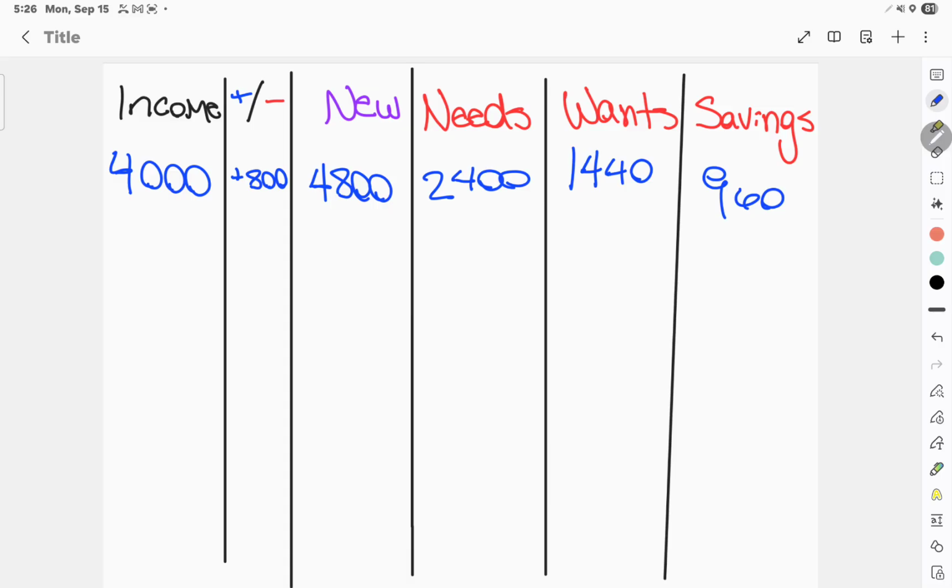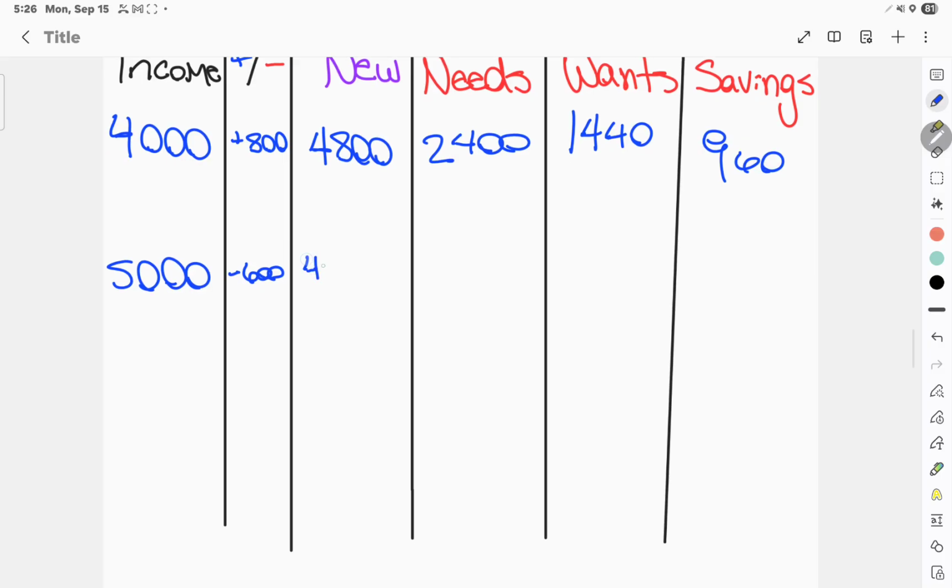So then we can do this again with a different set of numbers. Let's say you make $5,000 a month. Again, this is all post-tax. And we subtract $600. So we do 5,000 minus 600, we get 4,400.